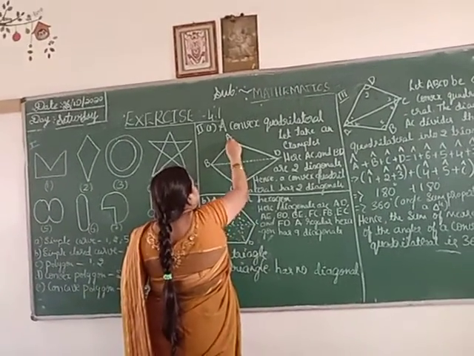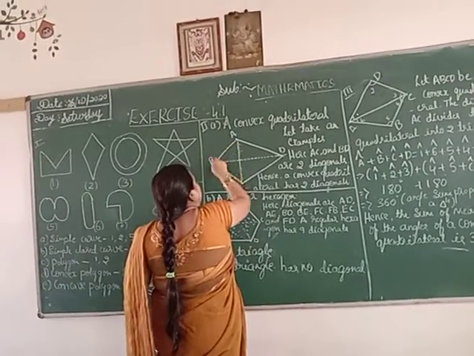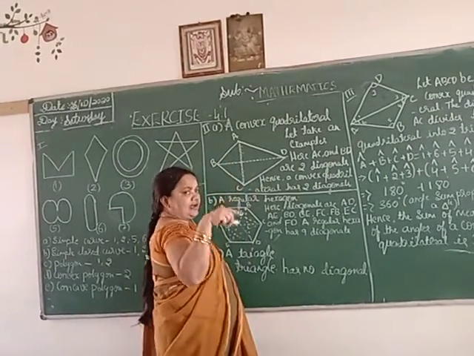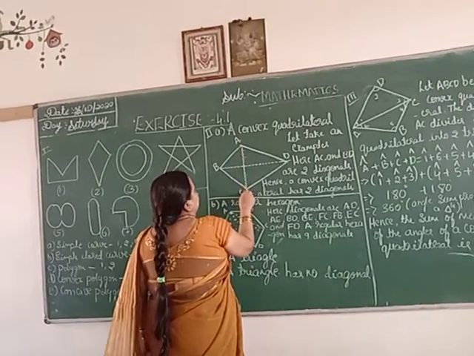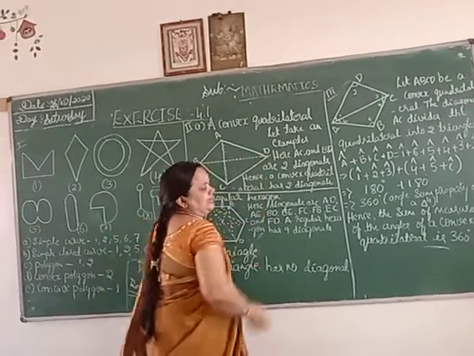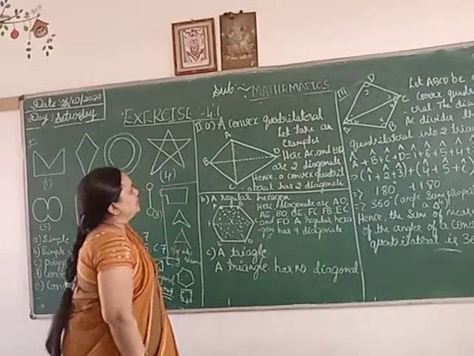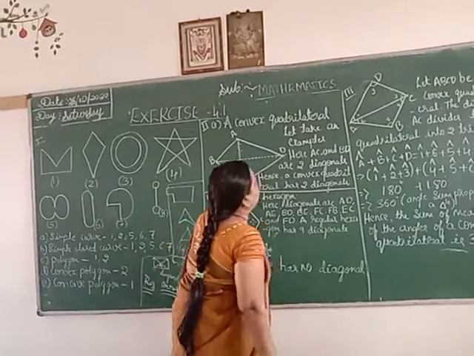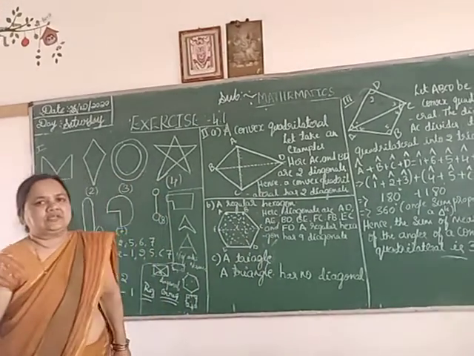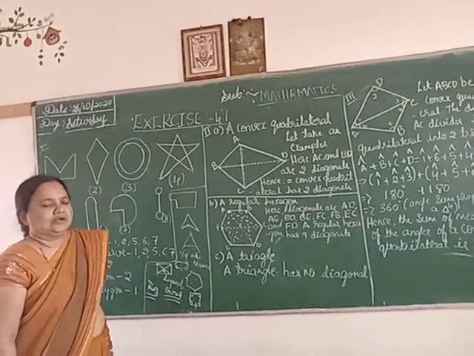A and C are non-adjacent. A and B are adjacent. Adjacent means next to each other. So non-adjacent means I join A and C. What remains is B and D only, right? So AC and BD are the 2 diagonals in a convex quadrilateral.